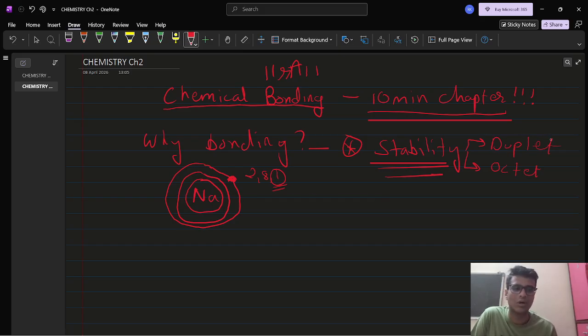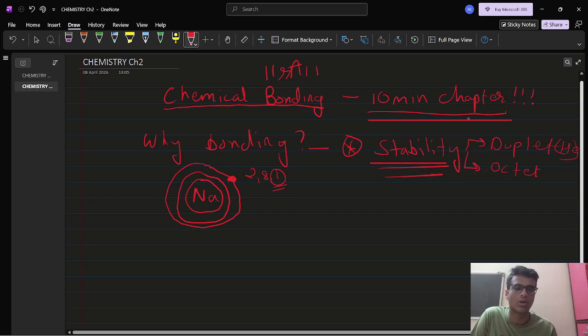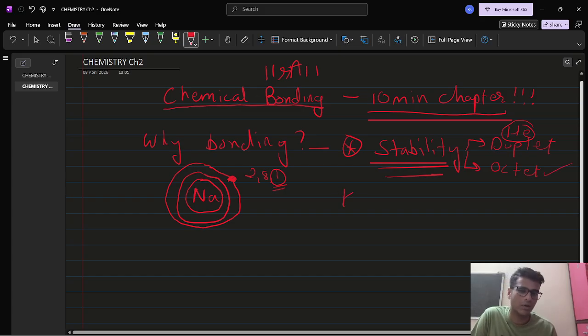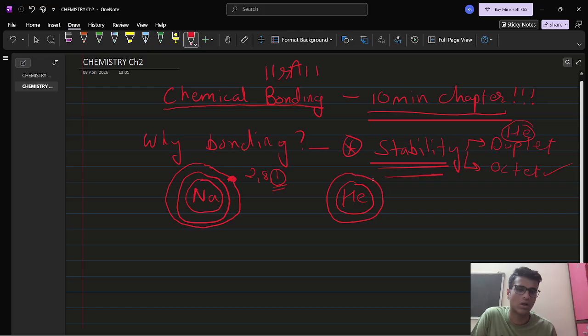This is applicable only for helium, and octet is for everyone else. So in helium, I'll draw helium also. This is the nucleus, this is the first shell. And first shell में there are two electrons and it is satisfied. So it's a noble gas.